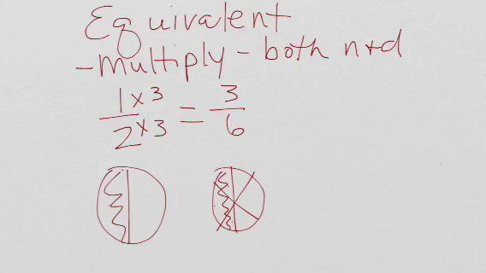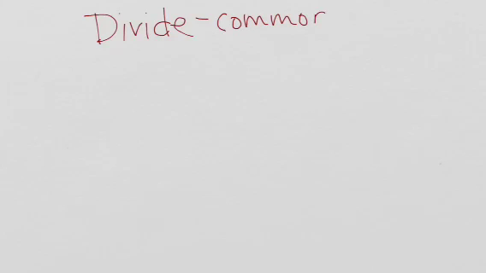They're equivalent. The other way that I could come up with an equivalent fraction is to divide. That gets trickier because you would need to make sure that you had a common factor for both the numerator and denominator. So what I mean by that is, let's say that I had 6/8.